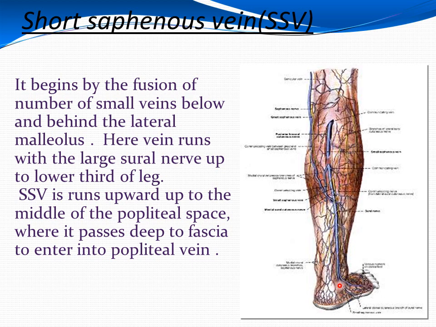It ascends along the lateral edge of the tendocalcaneus and it is accompanied by the sural nerve on its lateral side. So we can make out the sural nerve on its lateral side. Then the vein runs along the middle of the back of the leg and it pierces the deep fascia and undergoes a subfascial course between the two heads of the gastrocnemius.